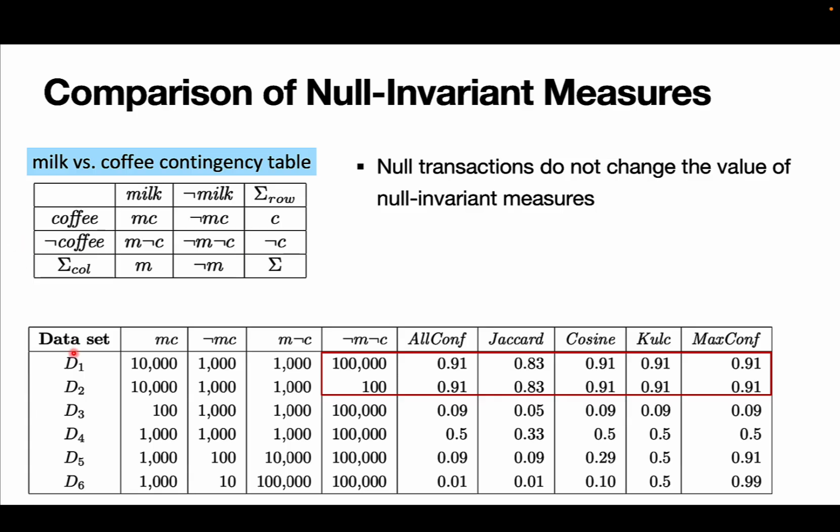For datasets D1 and D2, where we varied the number of null transactions from 100,000 to 100, the value of these measures did not change because the null transaction does not play into these formulas. So null transactions do not change the value of null invariant measures.